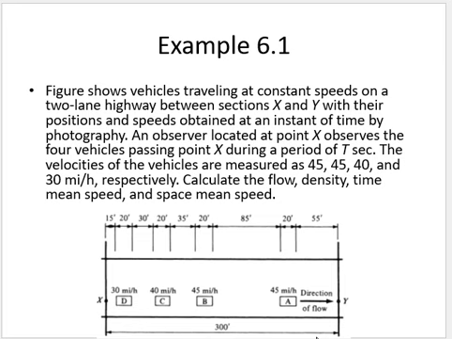Calculate the flow, density, time mean speed, and the space mean speed for these.